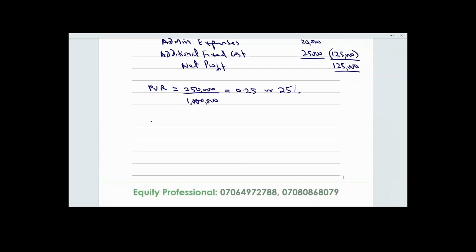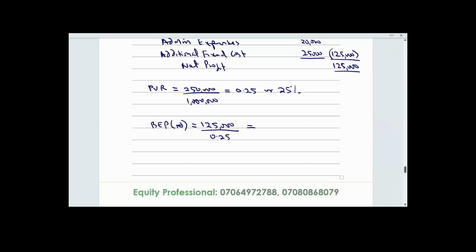Then we calculate revised break-even points in naira, which is the revised fixed cost of 125,000 over revised contribution margin ratio of 25%.